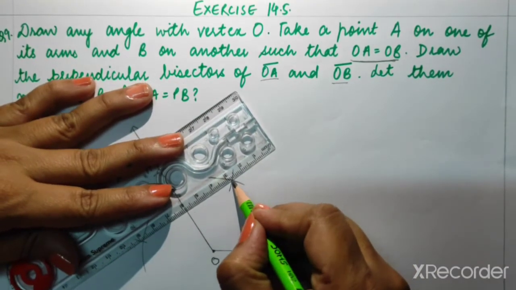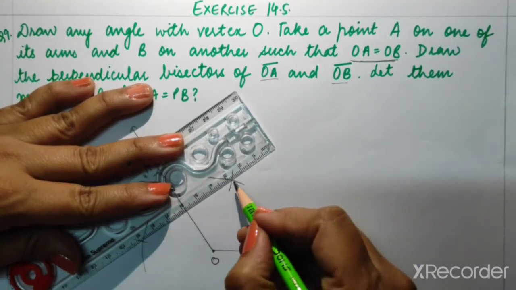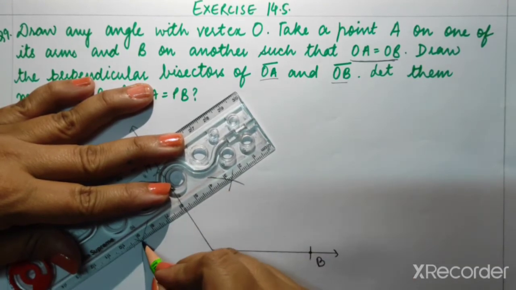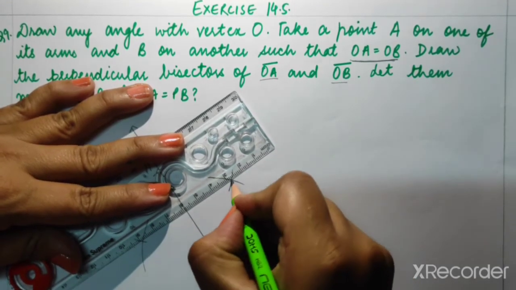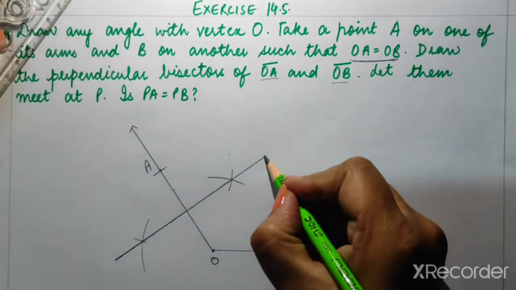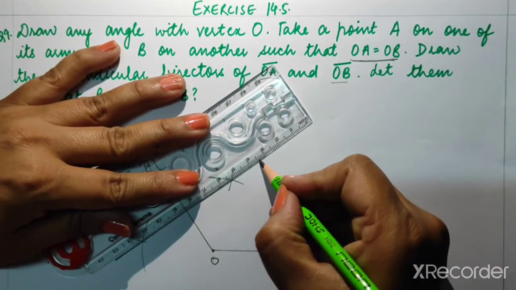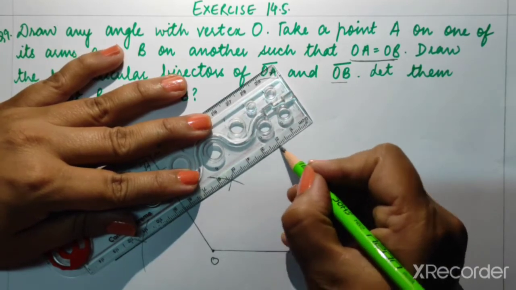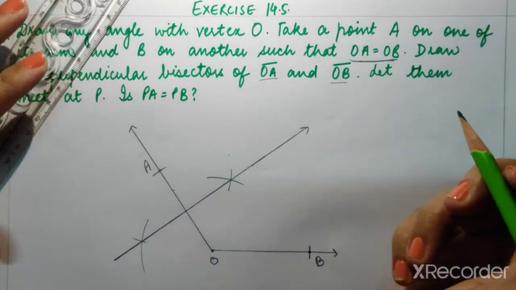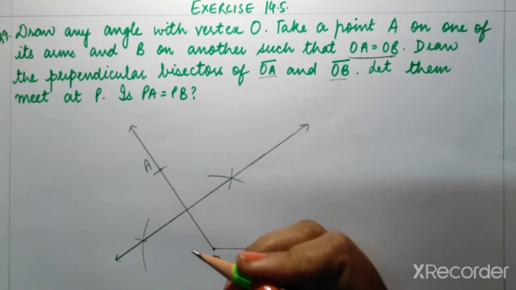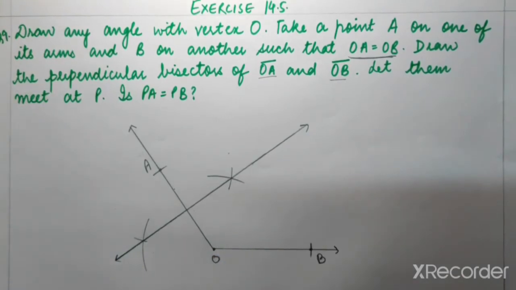So let's join this point and this point. I can extend it on this side. And next, what do I need to do?